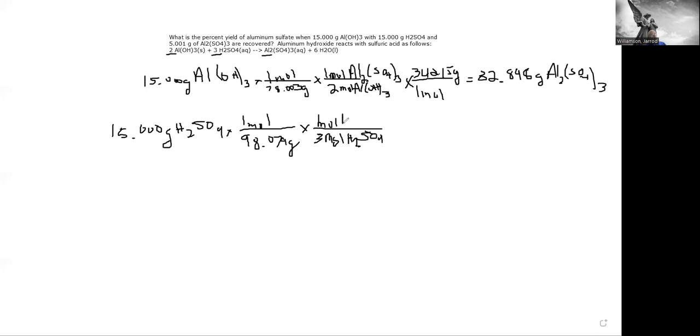To 1 mole of Al2(SO4)3, times, and then the molar mass is the same. 1 mole of that stuff is 342.15 grams.